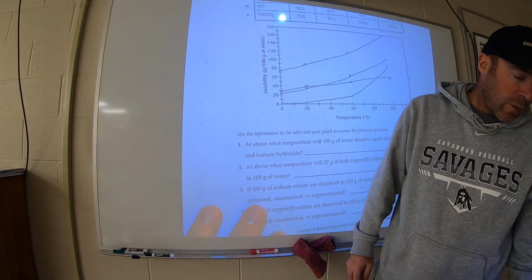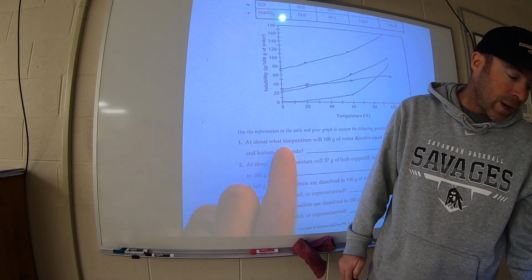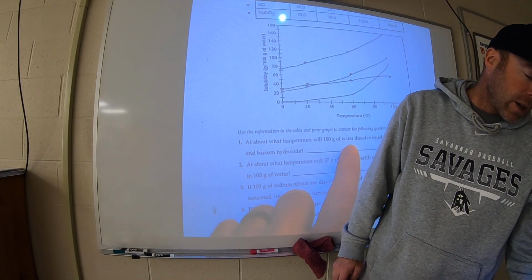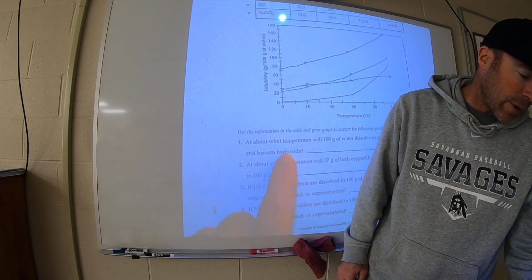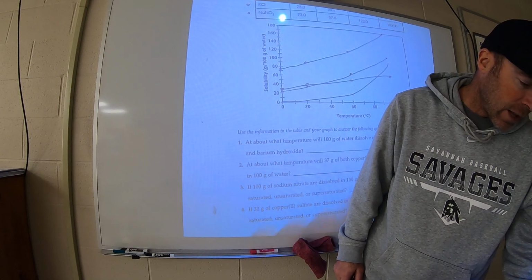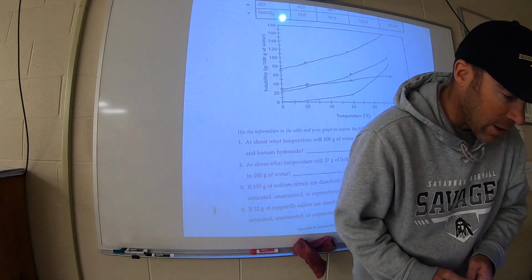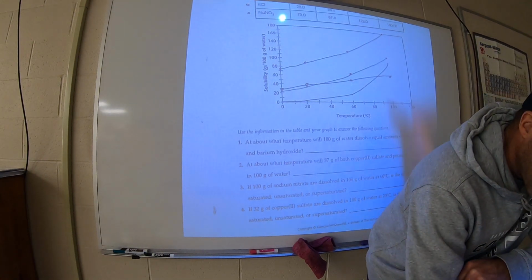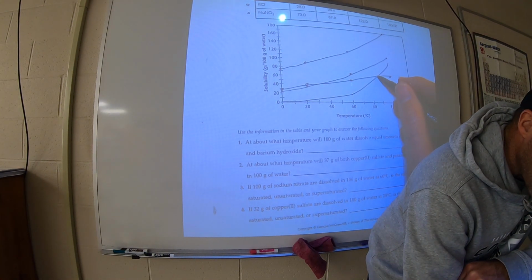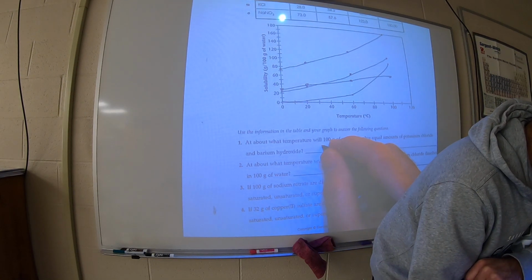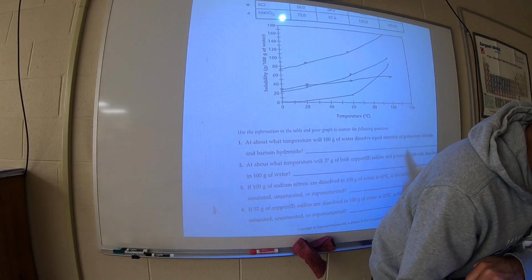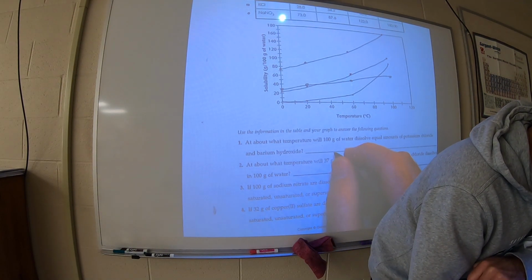Number 1, at about what temperature will 100 grams of water dissolve equal amounts of potassium chloride and barium hydroxide? Well, that's where the lines cross, and I would say they cross at almost 90. We'll say it's 85 degrees.